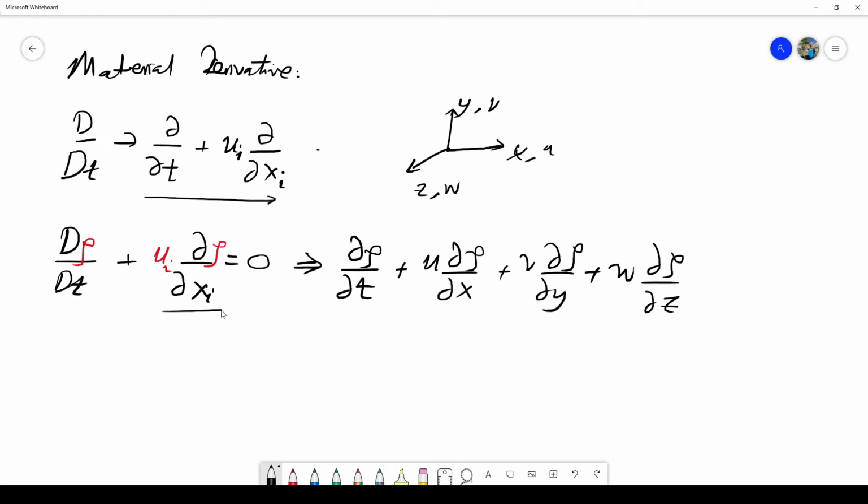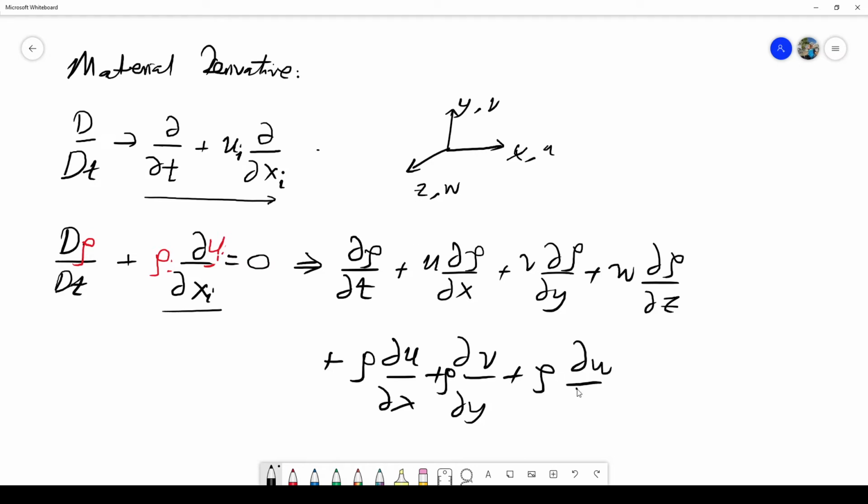Now we expand this part here. In the earlier equation we have ρ and u. Then we can expand this part as ρ ∂u over ∂x plus ρ ∂v over ∂y plus ρ ∂w over ∂z, and all of these are equal to 0.